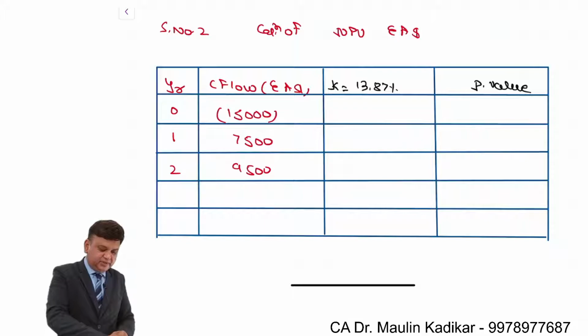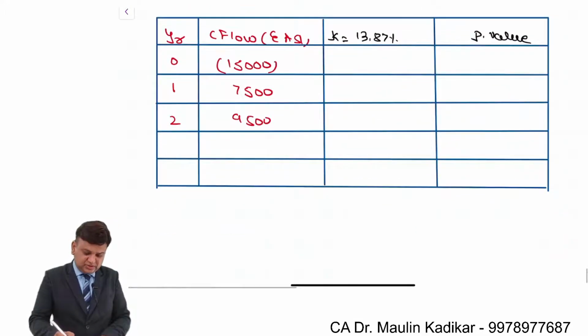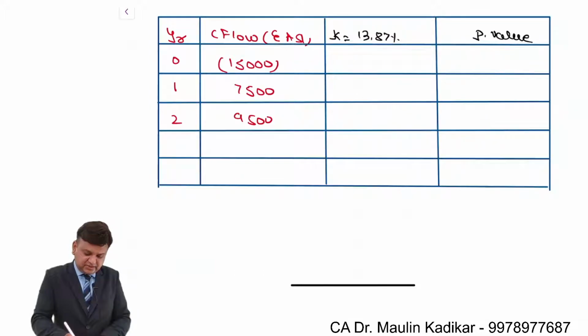So now 13.87% is the rate at which we'll discount the cash flow series. Year 0 factor is 1. First year factor is 0.8782.